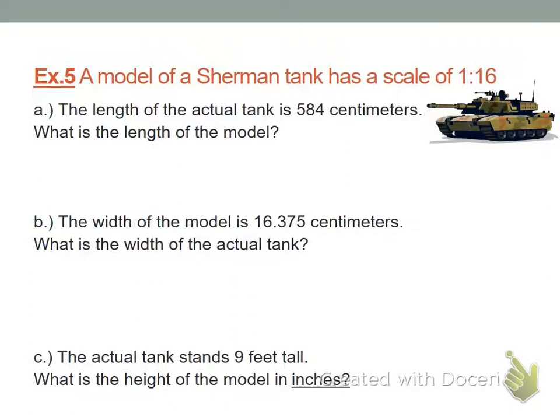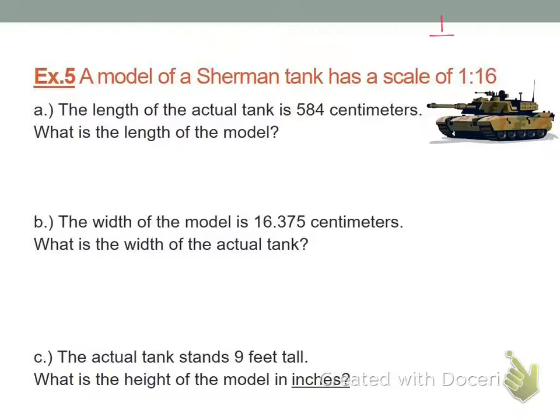Example 5, a model of a Sherman tank has a scale of 1 to 16. Now you could change this and take 1 divided by 16, so that way you would have a denominator of 1. You don't really need to.